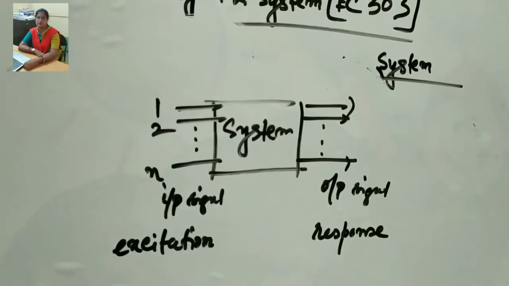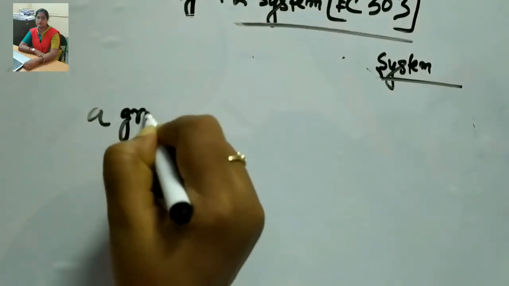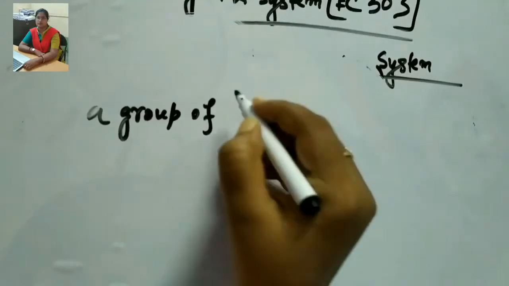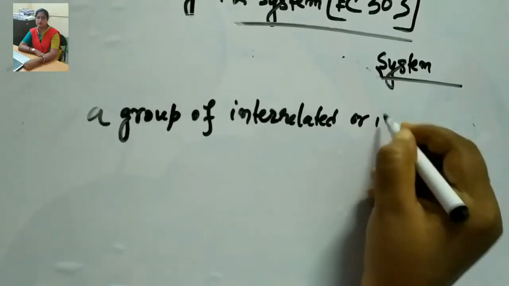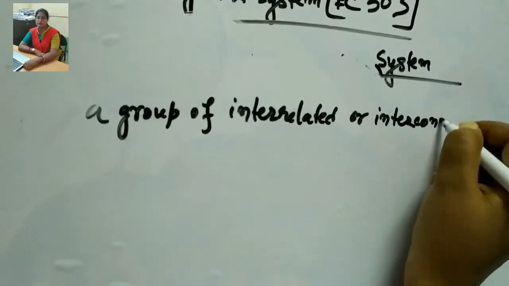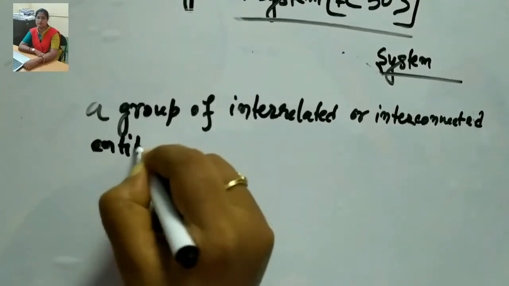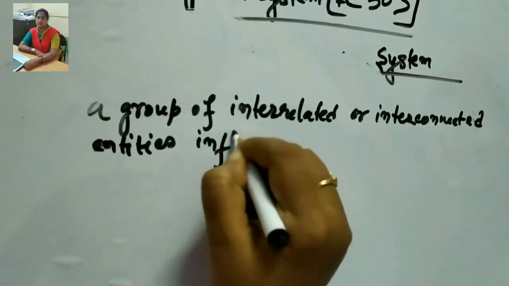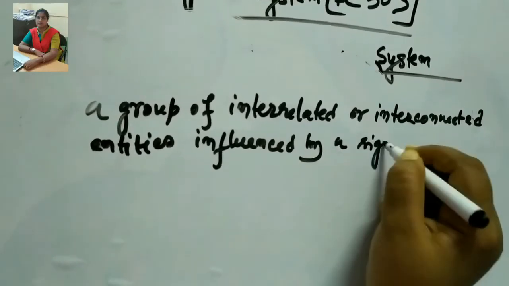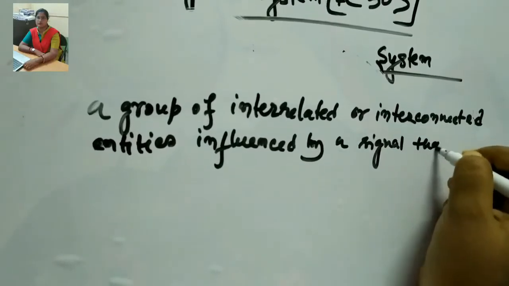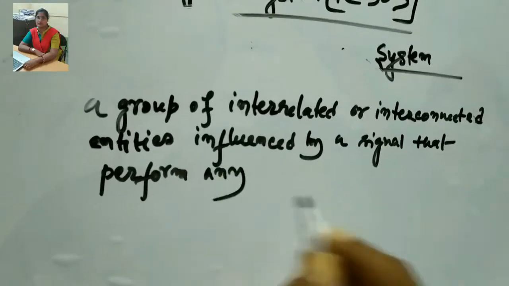So, we can define a system as a group of interrelated or interconnected entities influenced by a signal that perform any operation.